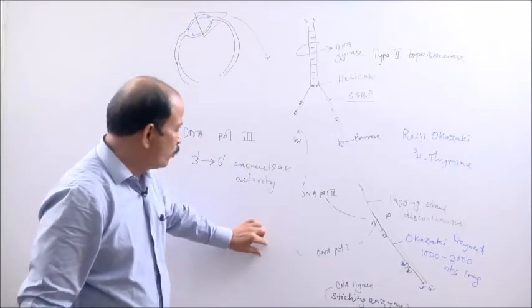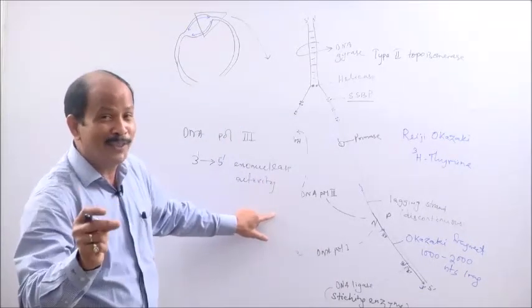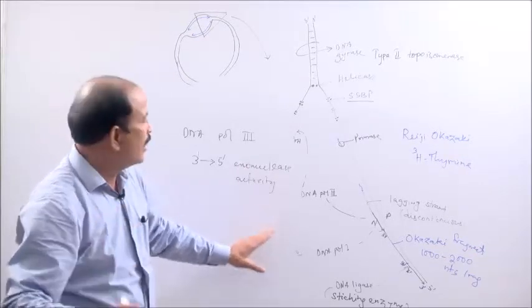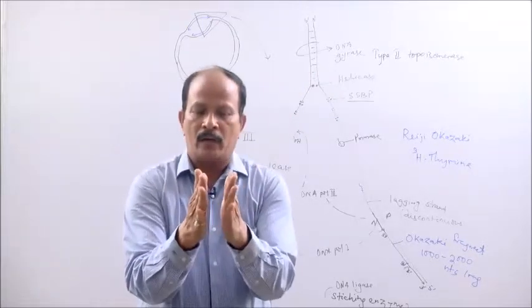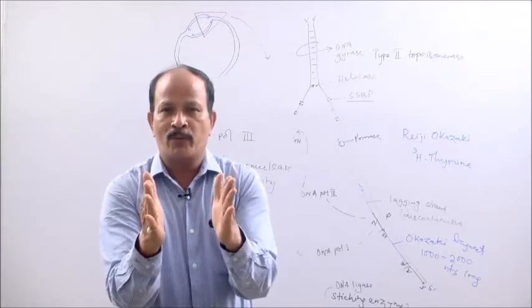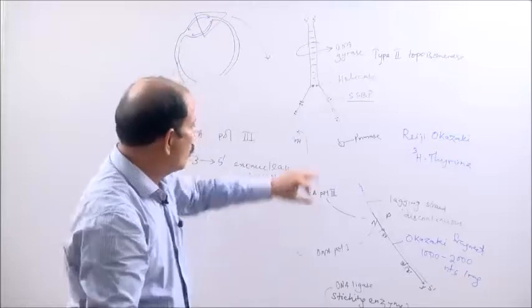Similarly, when new bases are added, if a wrong base is added, A pairs with T, that is perfect pairing, but if somehow A paired with C, and this went on, A pairing with C is imperfect pairing. When the enzyme sees that there is imperfect pairing, the enzyme comes back.